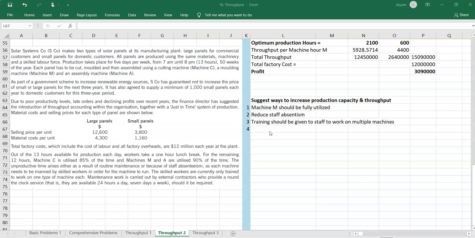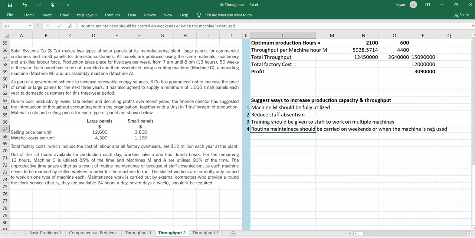The next one: maintenance work is carried out by external contractors who provide a round-the-clock service, 24 hours a day, 7 days a week. So routine maintenance should be carried out on weekends or when the machine is not used. When the machine is not used, at that time they can have the service.